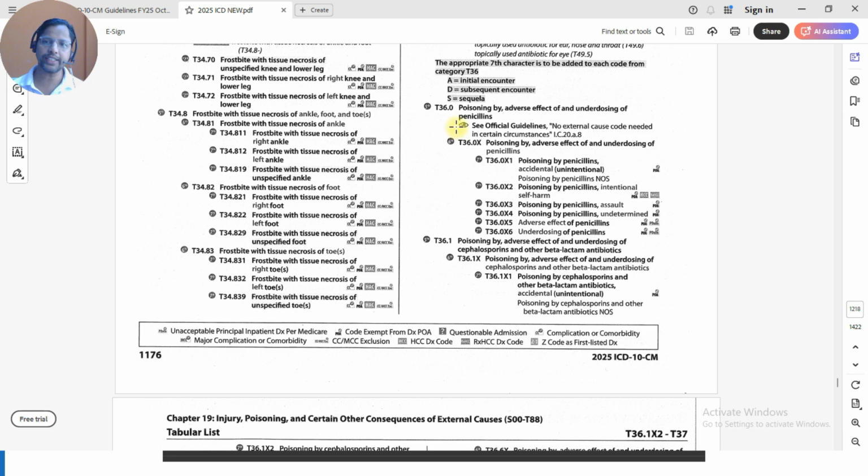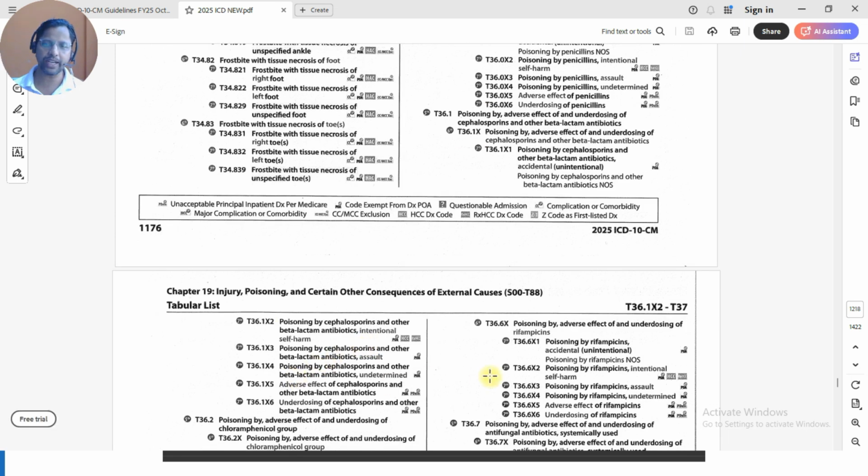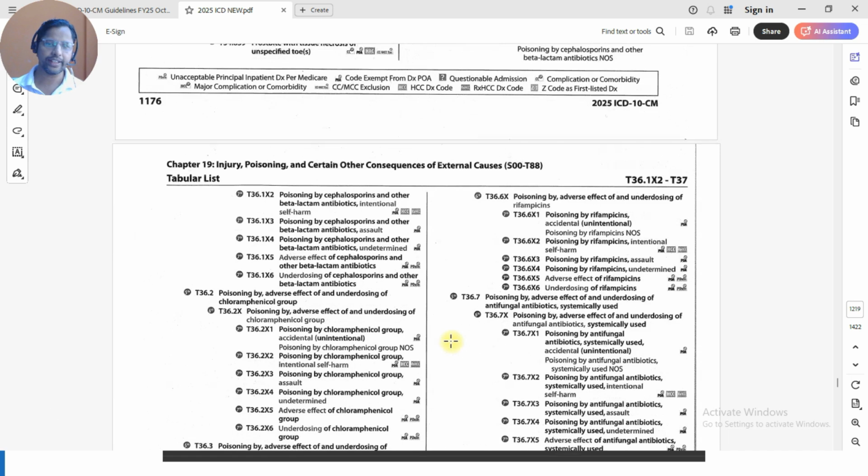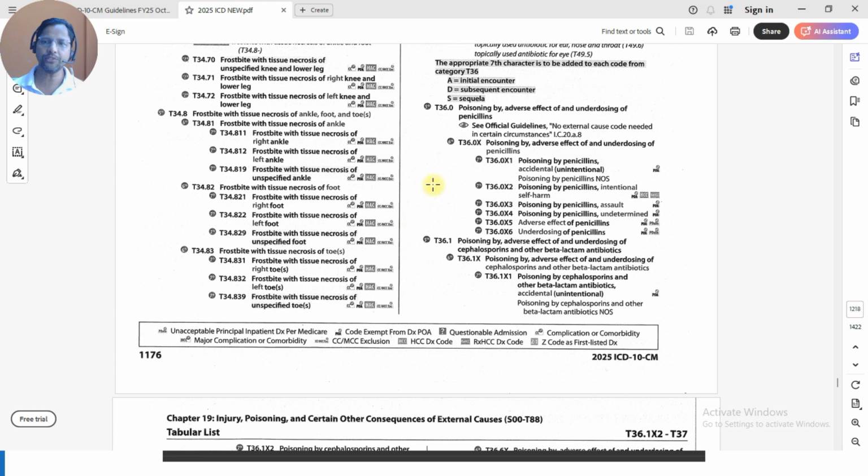If we observe T36.0, T36.1, T36.2, the fourth character is divided based on the type of drug or type of poisoning. If it is penicillin, T36.0. If it is cephalosporins, .1. If it is chloramphenicol, .2, like T36.2. So here we have completed 4 characters.